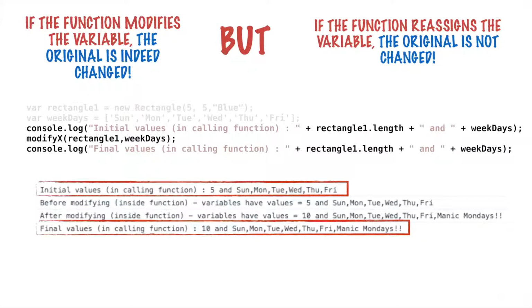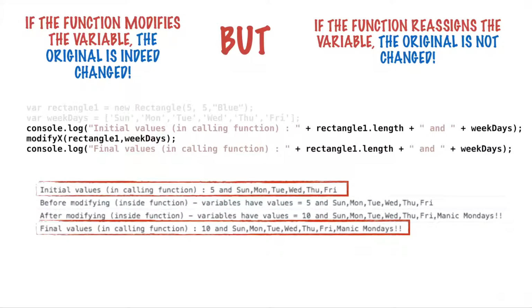The initial values that we started off with have been changed permanently, which means objects and arrays, when they are modified inside a function, that modification is reflected in the calling code. This experiment and this bit of code proves that.